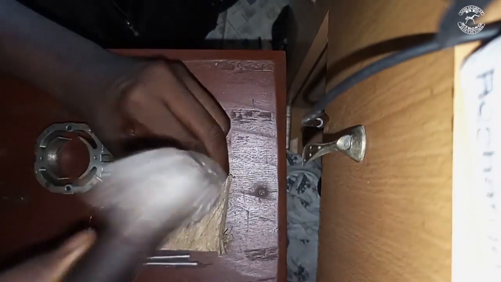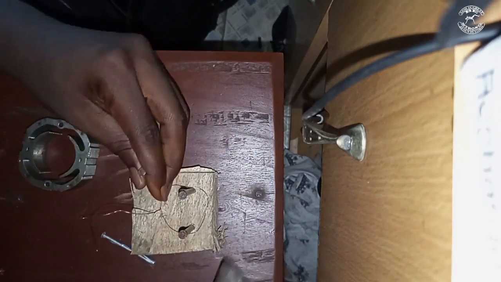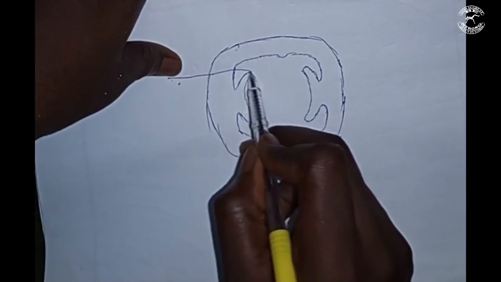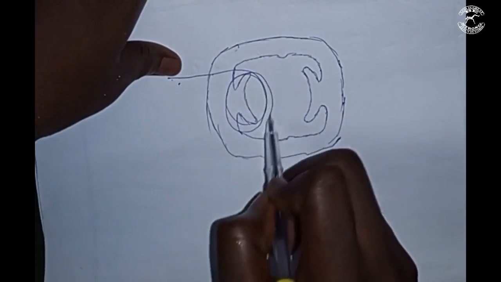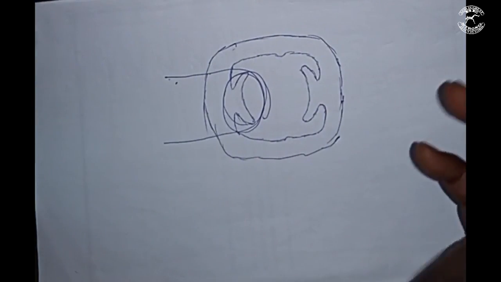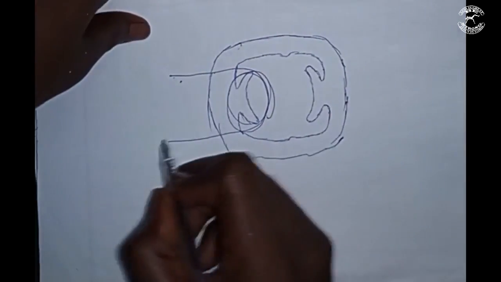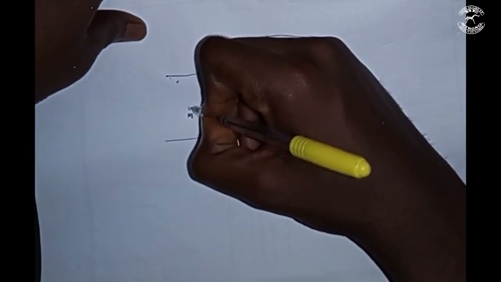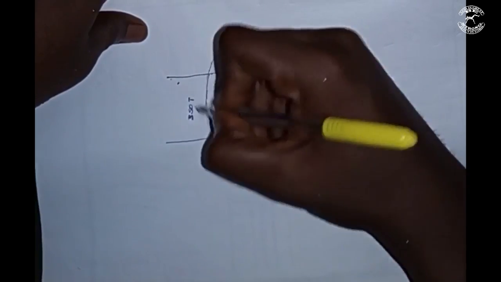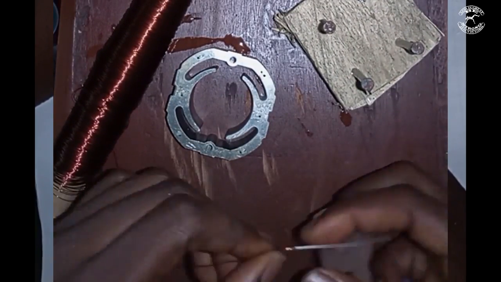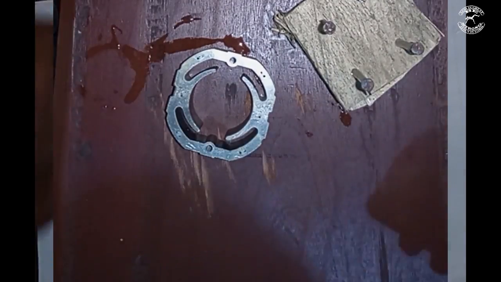So once you spin your coil, maybe you spin your coil over here. Spin your coils over here. Let's say 350 turns. So let's say this is 350 turns.